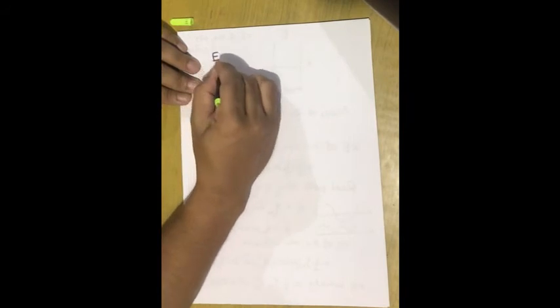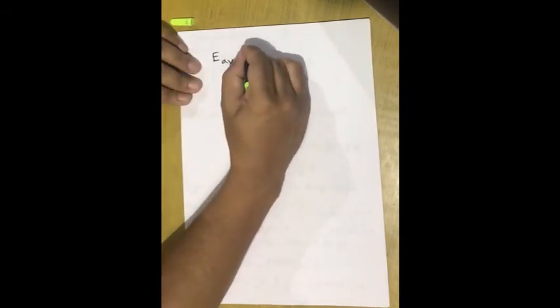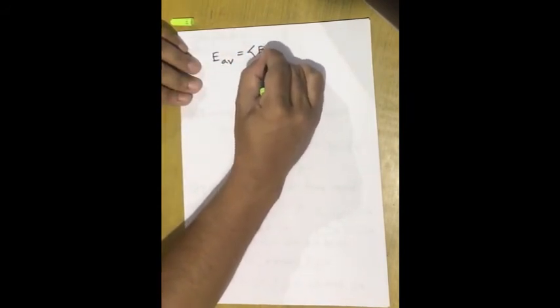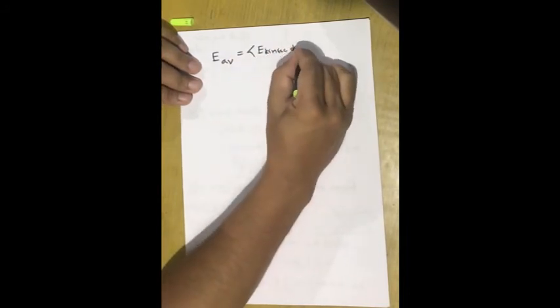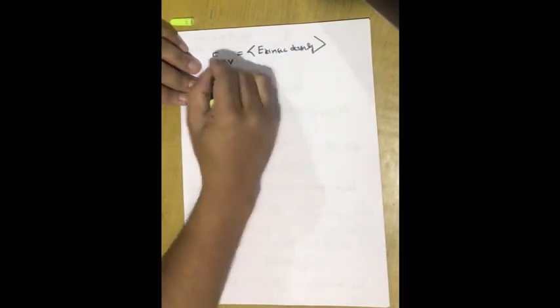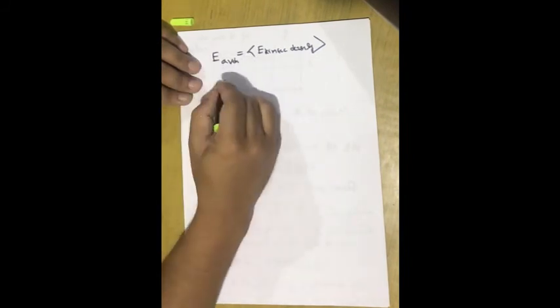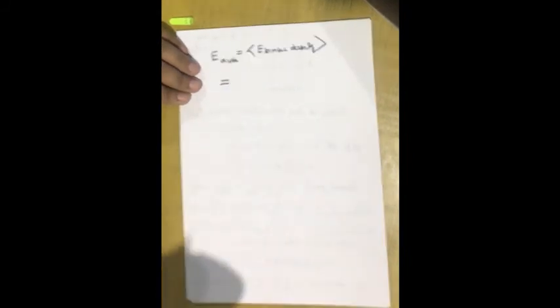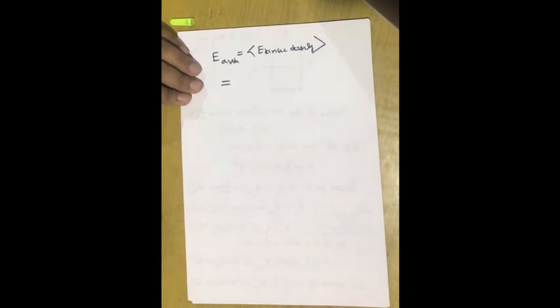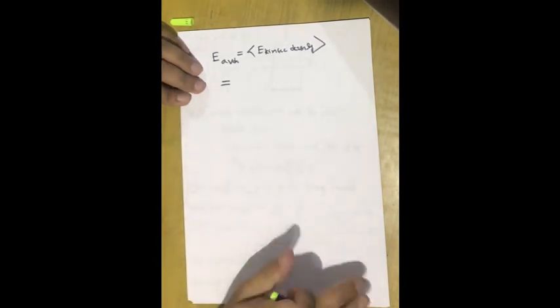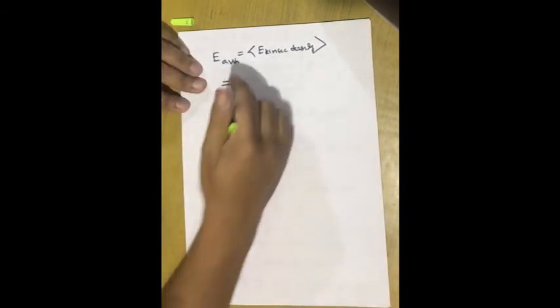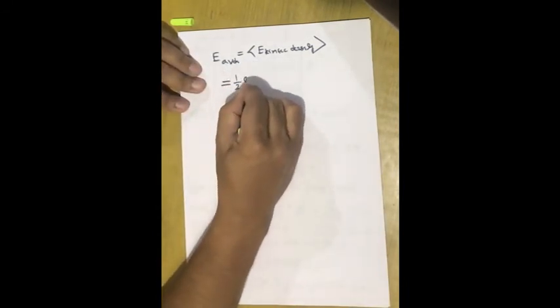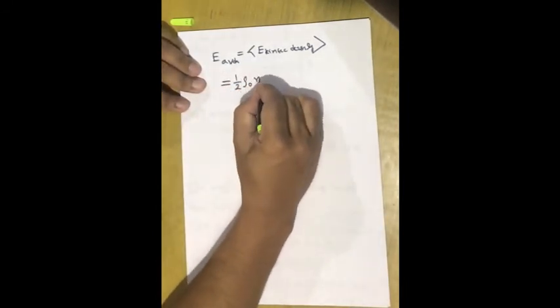So if we write it as E average, it's basically the average value of the kinetic energy density. Just remember, E average here is a density. So basically we have to take the time average of this quantity. What will be that value? Half rho naught eta m square.